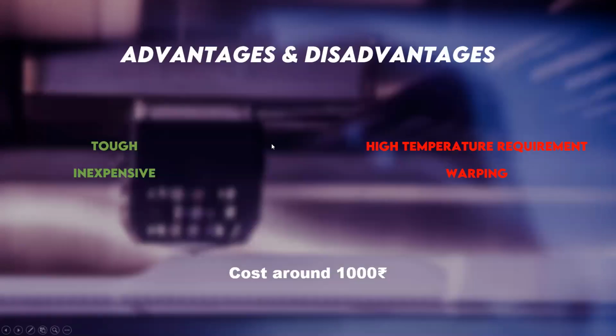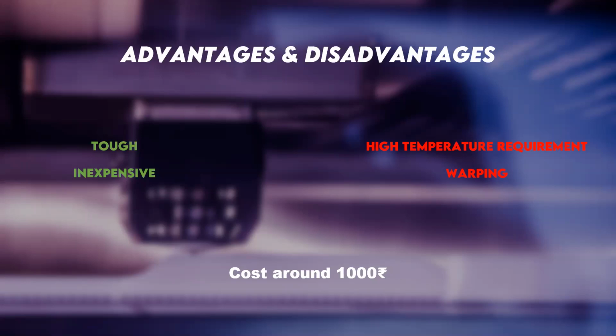Okay, so nylon, as we talked, is much tougher. It's tough in nature. It is inexpensive, of less cost, but it requires a higher temperature to melt. It requires around 260 to 270 degrees to melt.